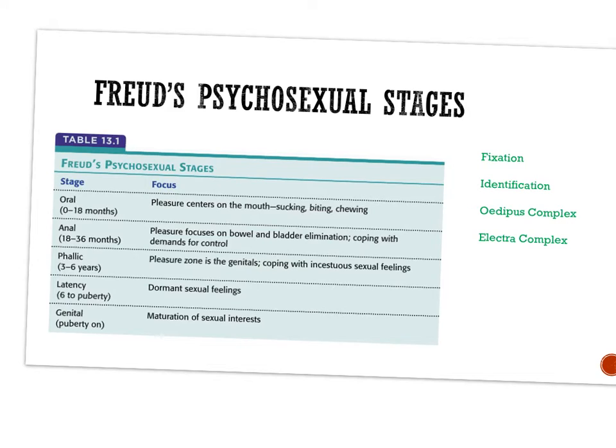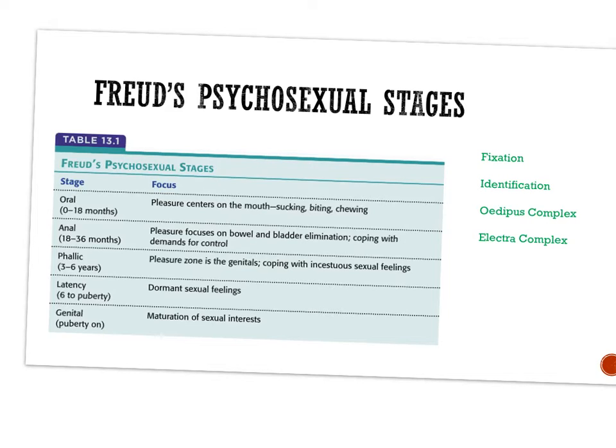And then when most people think of Freud, this is really what they're thinking of. He has developed these psychosexual stages, and Myers used to put this in with our developmental unit, and you even saw it in the little copy of the developmental unit that I passed out to you, but we're really focusing on it in this unit. So Freud says that when you're born until you're about 18 months, so a year and a half, you're in this oral stage.